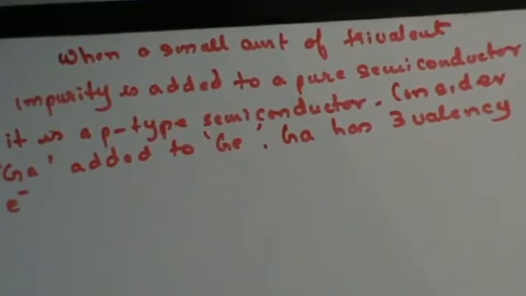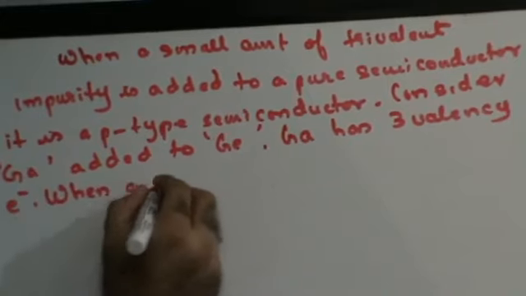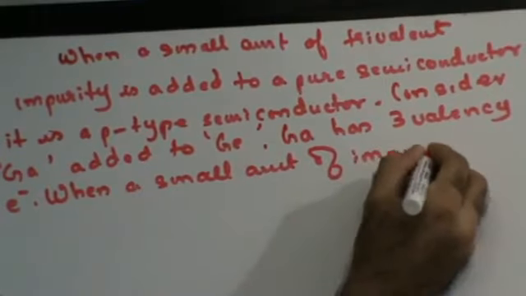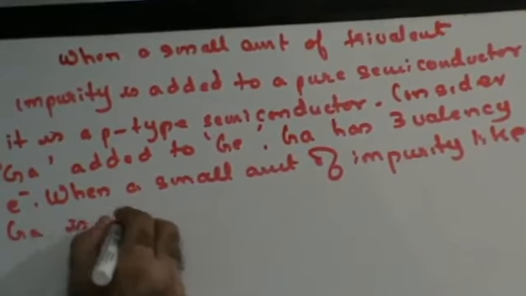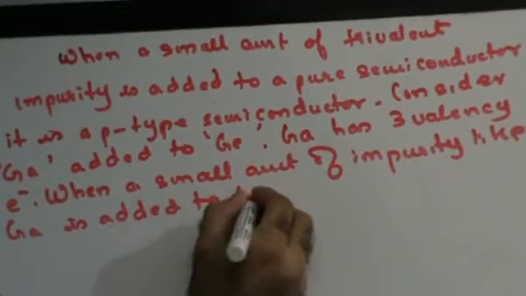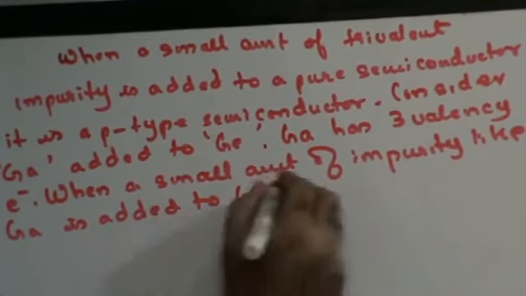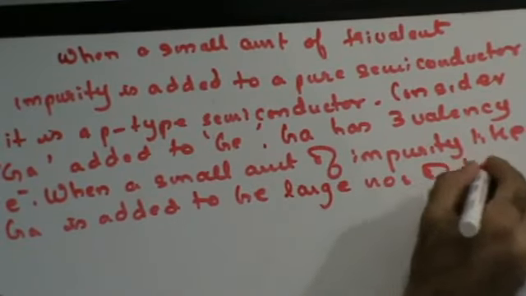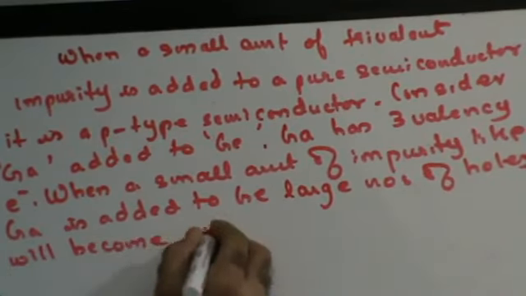So when a small amount of impurity like gallium is added to germanium, a large number of holes will become available. You would have a large number of holes that would become available.